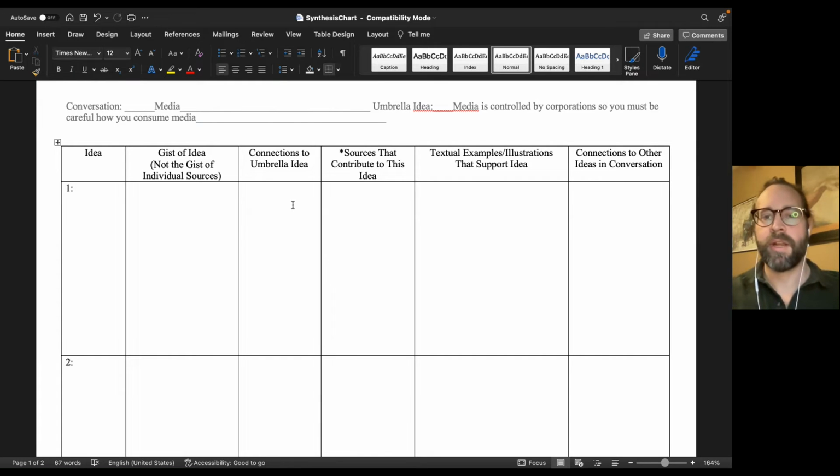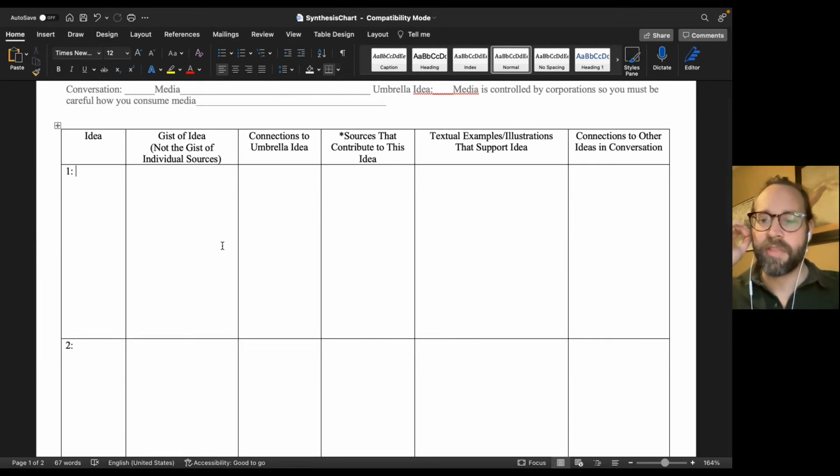For example, you don't want to have your first paragraph talking all about what one article says about media, and your second paragraph talking about everything that the next article says in relation to media. Then your third, and then at the end you kind of tie together what connections, what things are similar, and what your opinion is on it. That is not the way you want to organize this.